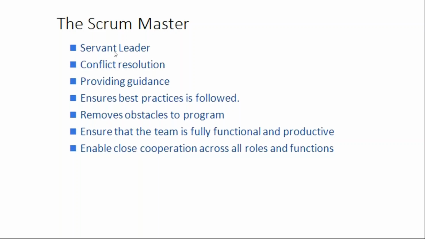Next is conflict resolution. We have definitely seen this. When there are individuals, there will be conflicts, but we need to take care of those and find a way out to resolve them. Two developers might not agree on a certain issue or a way of developing code.